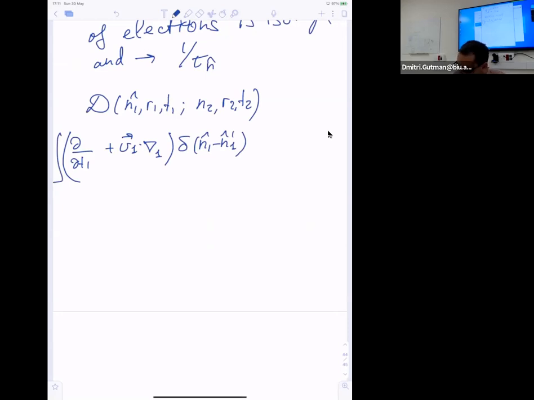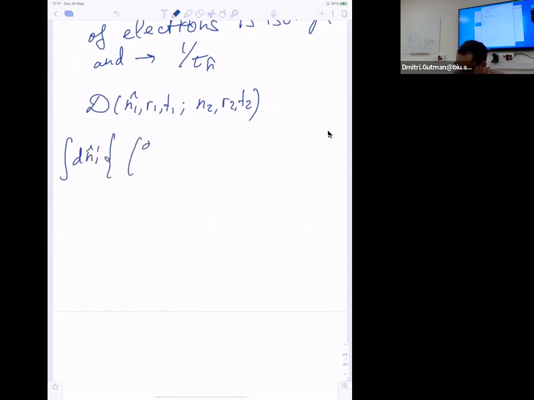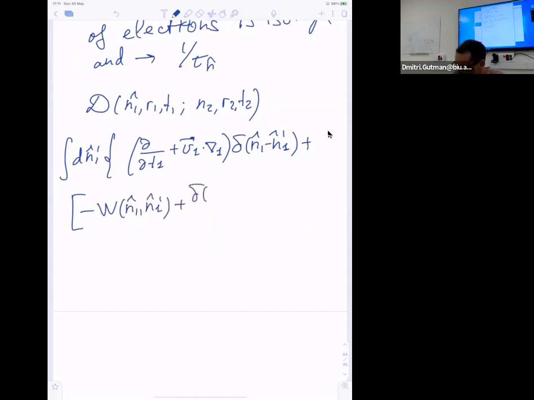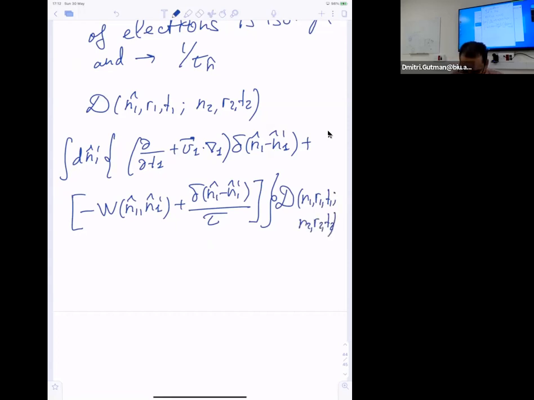integral with respect to, sorry, let me start all over. It would be integral with respect to dn1 prime acting on d over dt1 plus v1 gradient 1 delta function n1 minus n1 prime plus, here comes the collision integral, minus W n1 n1 prime plus delta function n1 minus n1 prime 1 over tau, close the brackets, acting on D n1' r1 t1 n2 r2 t2.